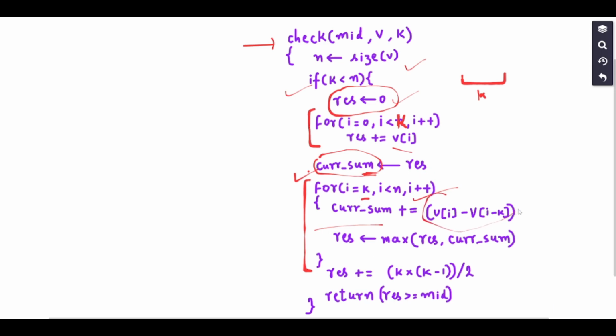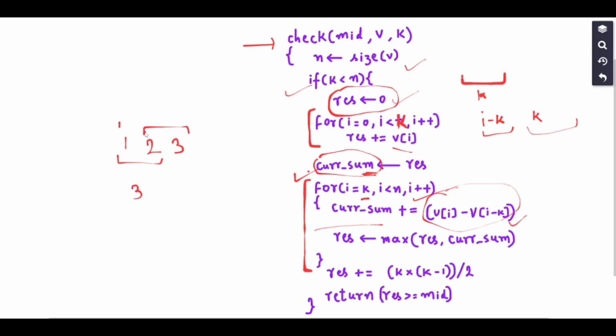This is nothing but adding the difference between the ith element and the (i minus k)th element. That's what I'm doing here. Why? Because while shifting from, let's say, 1 2 3, I want to shift from 1 2 to 2 3. I already have the sum of 1 plus 2, that is 3.